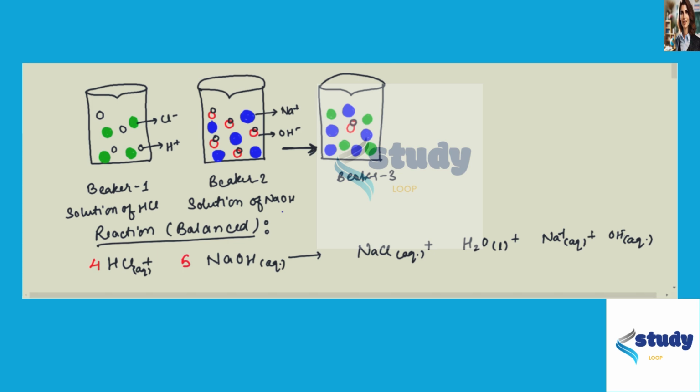And in beaker 3, we have NaCl, H2O, Na plus, OH minus. When they react with each other, this becomes 4 NaCl. This is the balanced equation.